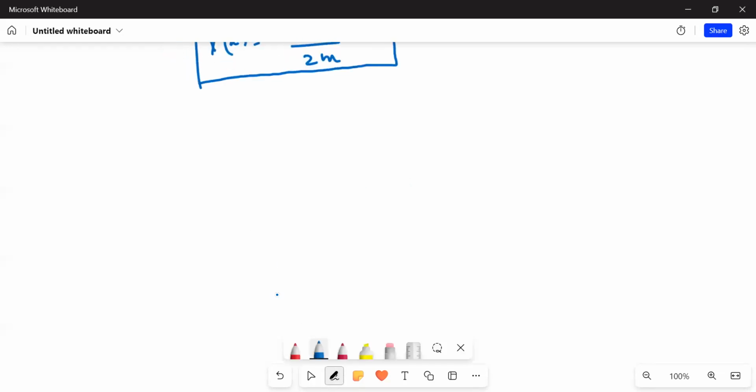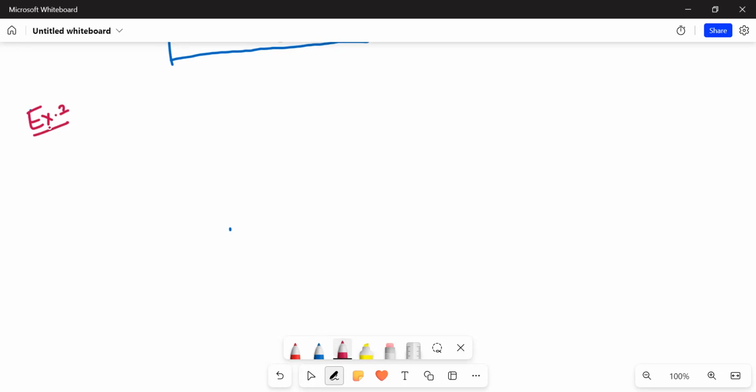So now I'm interested in the potential form. Example number 2. Let's say the wave function of a particle of mass m moving in a one-dimensional potential V(x) is given by e to the power minus iax plus b.